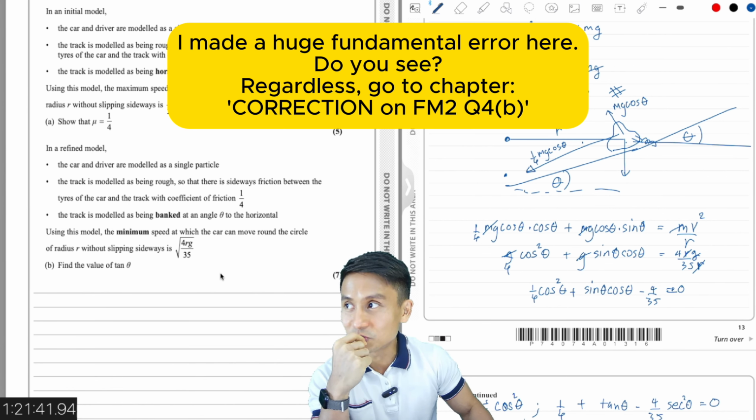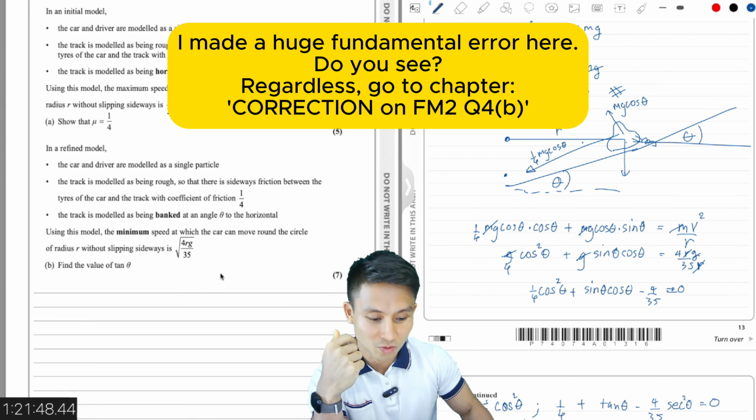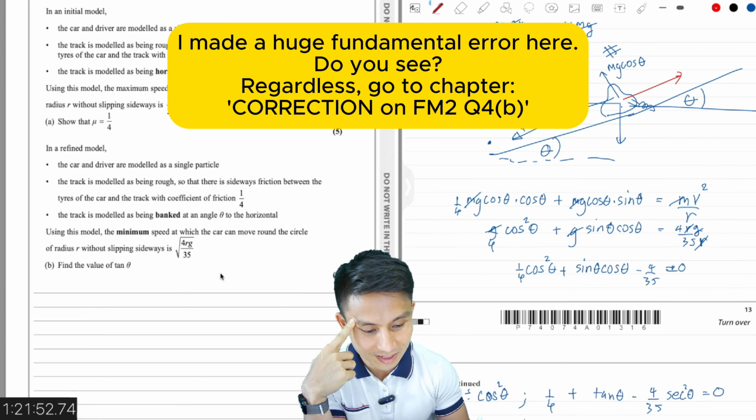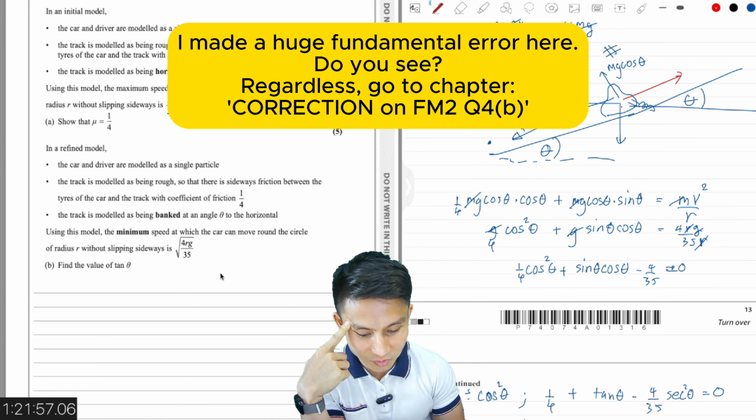Minimum is when if you move slower than this speed, you're gonna fall down. So friction will be directed the other way around in this case. That means we need to change this to a negative value, right? Okay, so that should be a negative value instead.